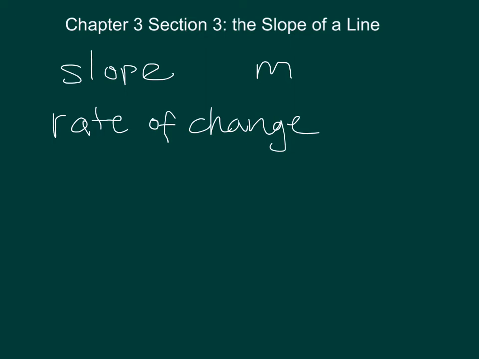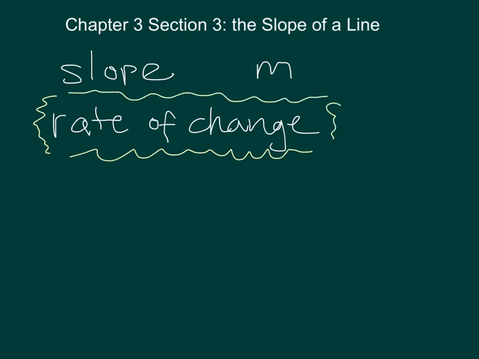This is kind of the most important phrase to remember, especially moving forward with your math career. So we'll talk about lots and lots of rates. Rate of change. You might also refer to it as speed or velocity, especially if you're in physics right now.